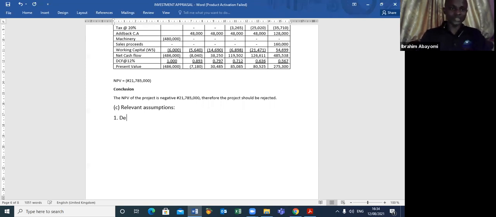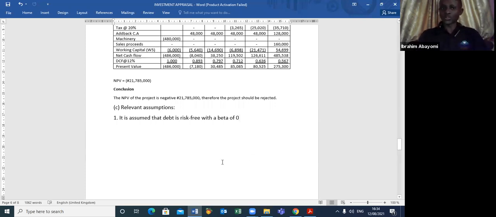State it this way: it is assumed that debt is risk-free with a beta of 0.